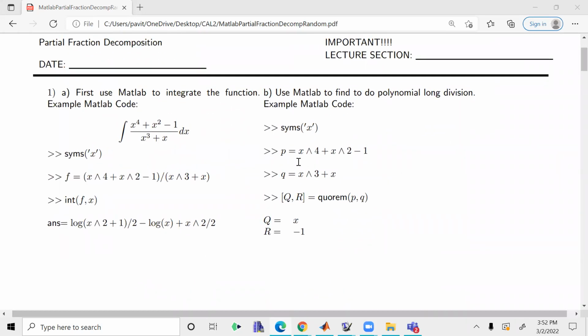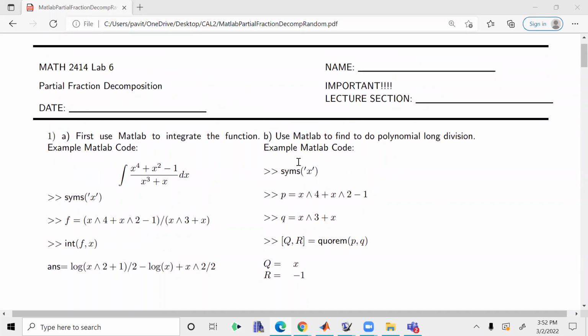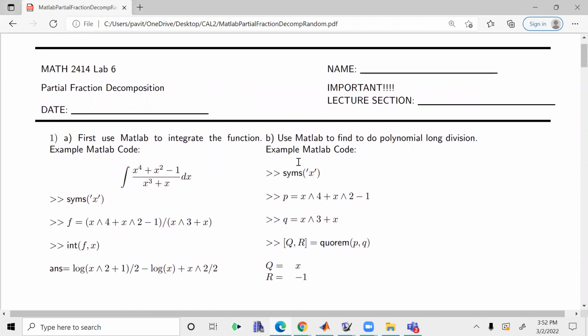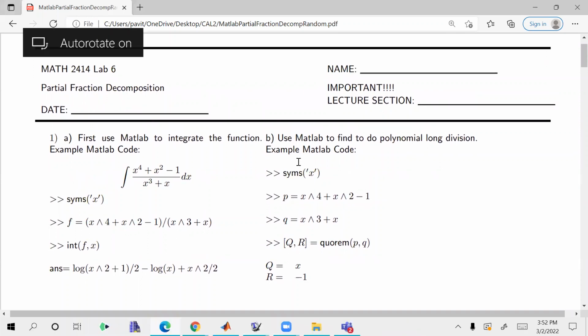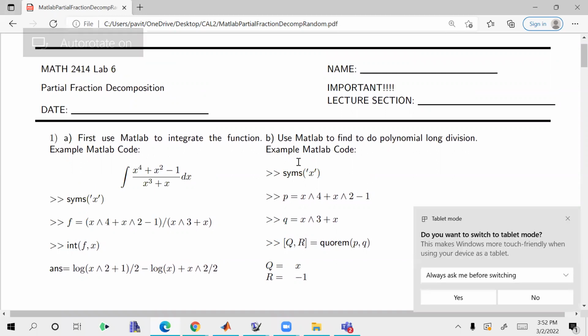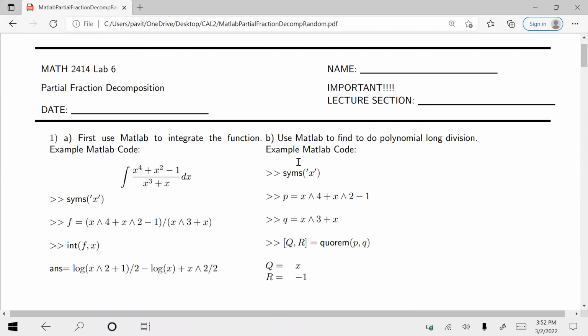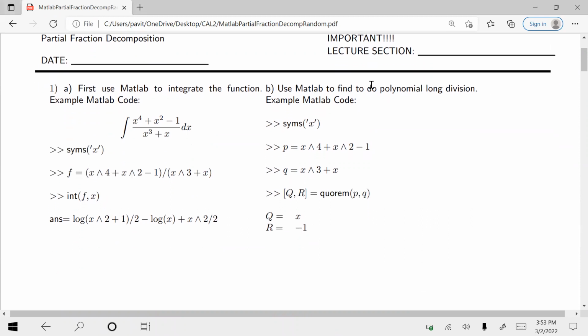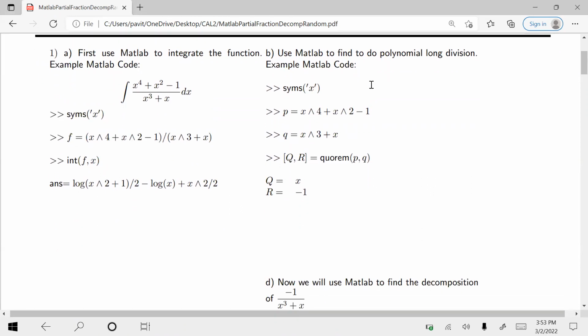So let's get started. As you can see here, we have 2 things.